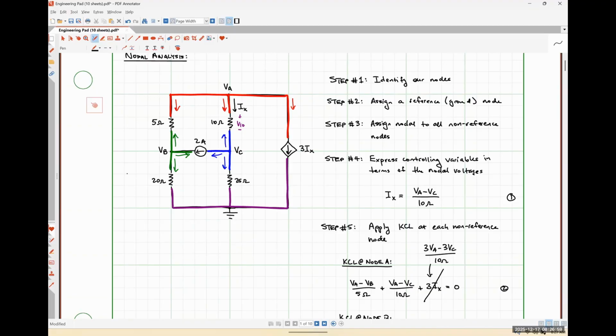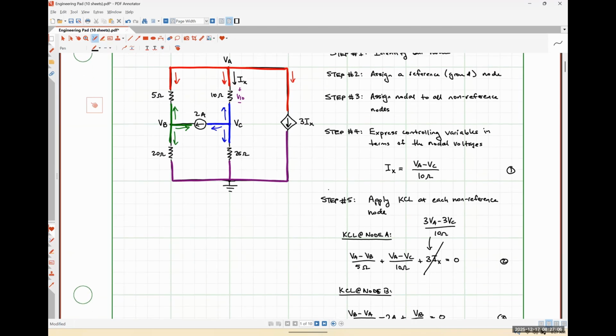So what if I wanted to know the power supplied by that dependent source. So I'm going to write P sup dependent here. Okay. Anybody have any thoughts on how we might use the results of our nodal analysis to determine this?